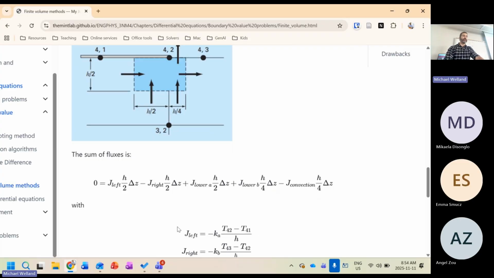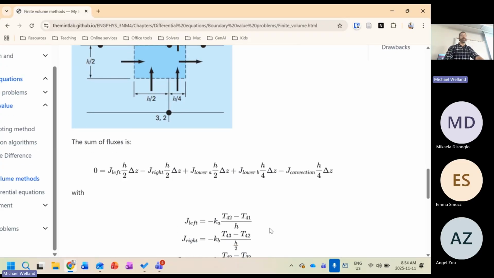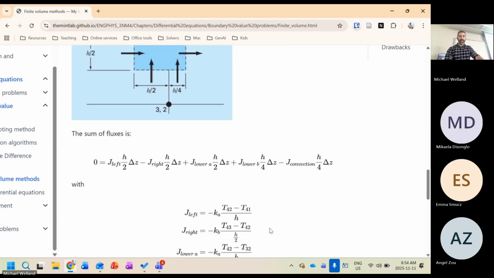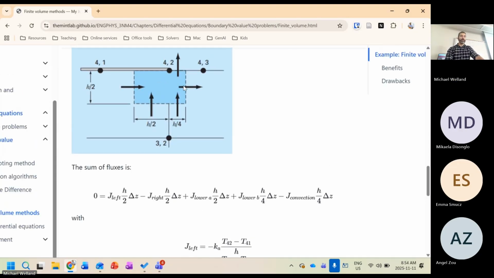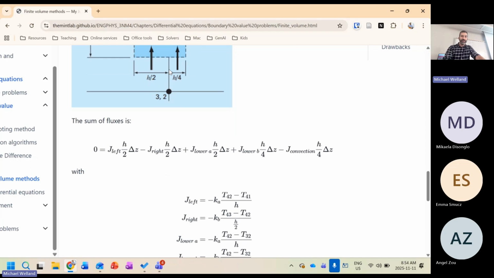That's going to be our J left. J right, similar on the other side, except now we have a different spacing, right? Since from here to here is only H over 2, whatever that temperature difference is, divided by H over 2, and that's your heat flux, right?